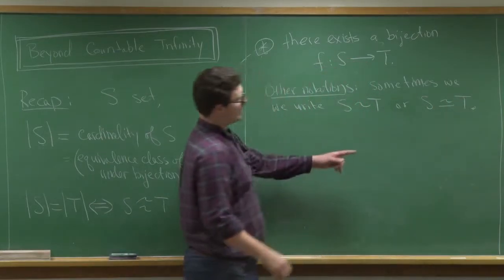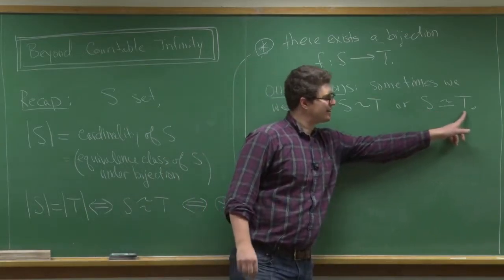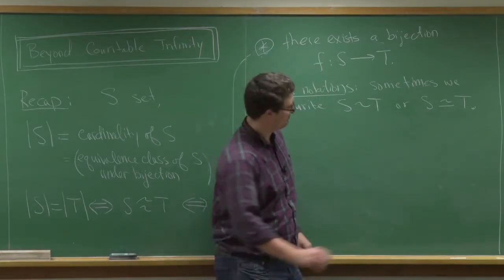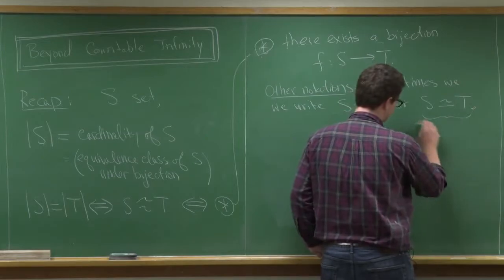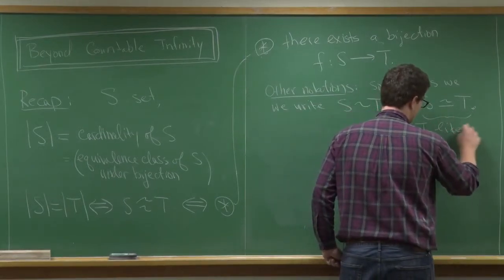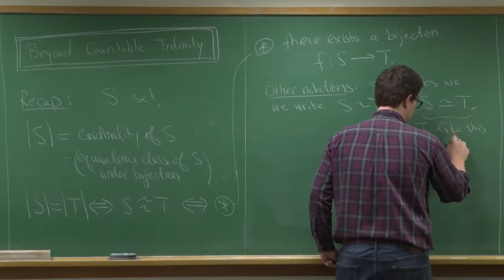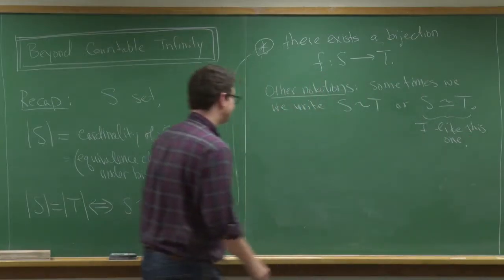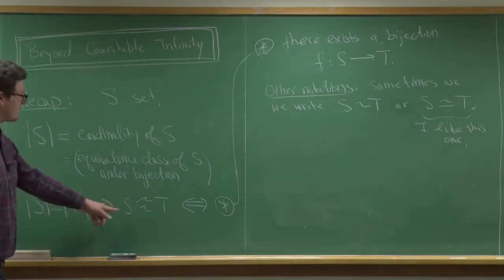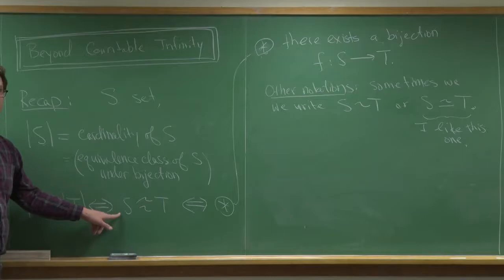Okay, I actually take it back, I like this one the best. But all right, same thing. It just means that they have the same cardinality. It means that there's a bijection.